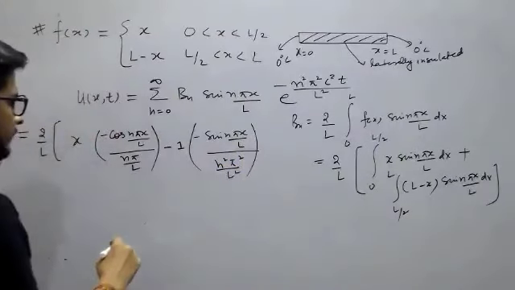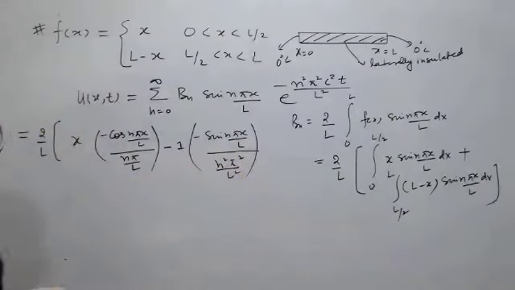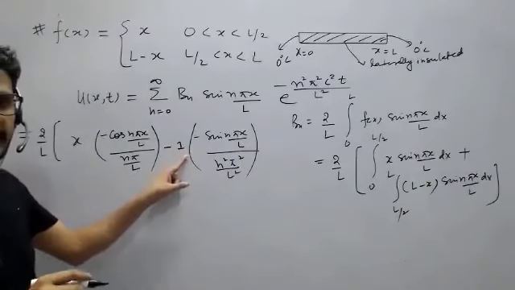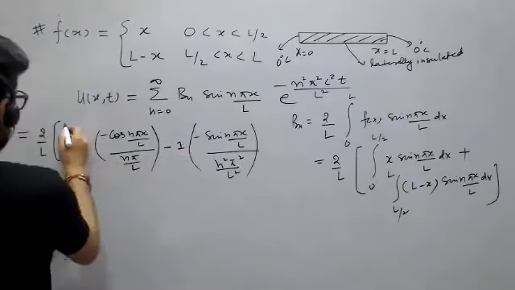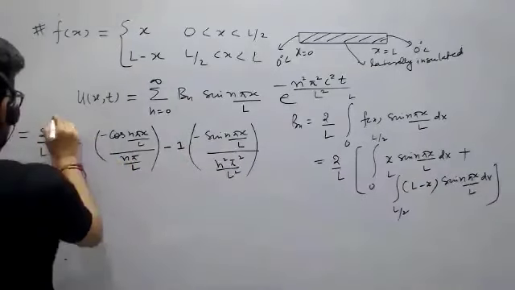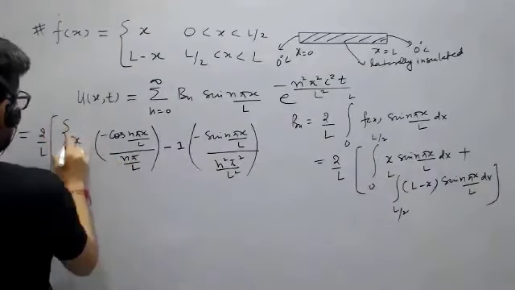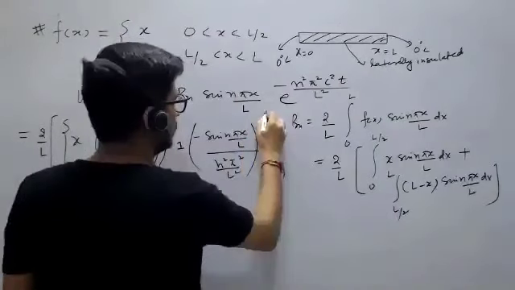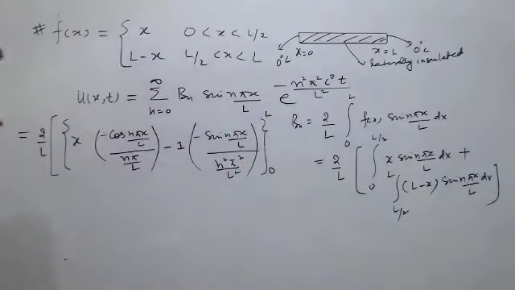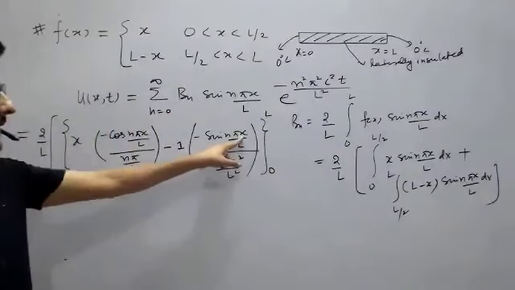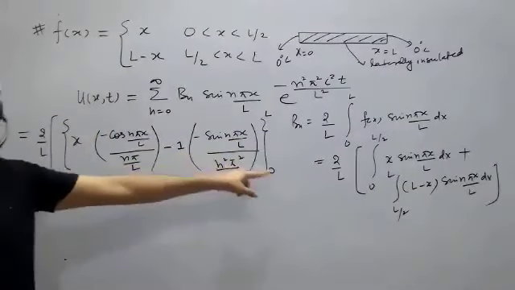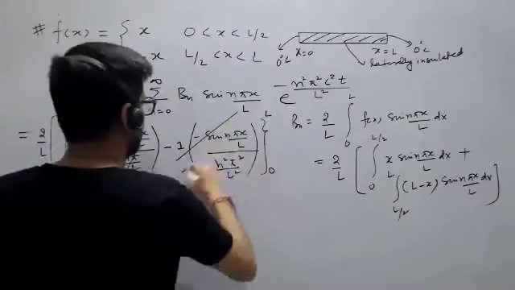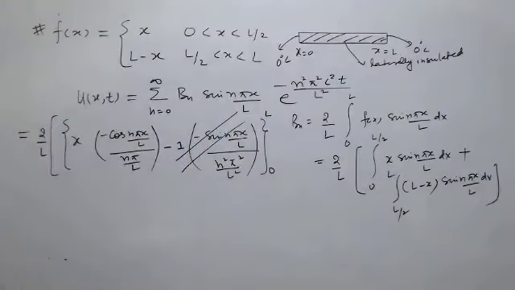And now the third term will become 0 because here you already have a constant. So this will go from 0 to L. Now you can see that this term at L will also become 0 and at 0 will also become 0. So this term will not be important. Okay. And this term we have to write as upper limit minus lower limit.